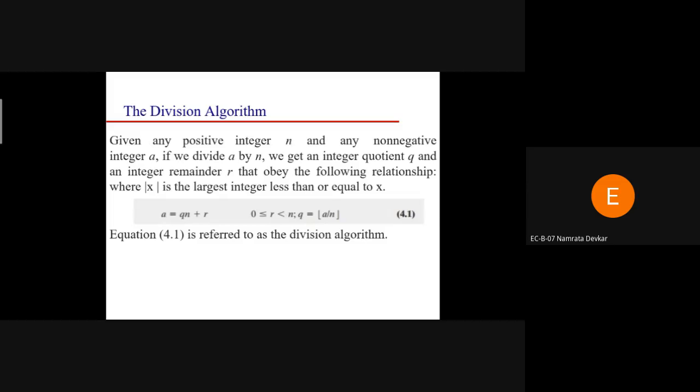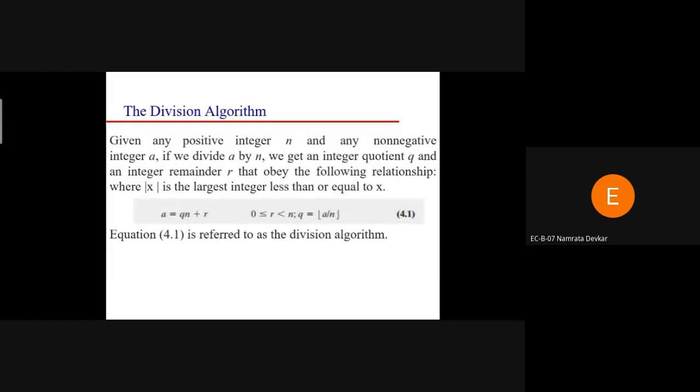Quotient 2 and remainder 6. Okay, so 7 times 2 is 14. The quotient is 2 and the remainder is 6. So this quotient and remainder and our given value, that is 20, can be represented by the equation a is equal to qn plus r.